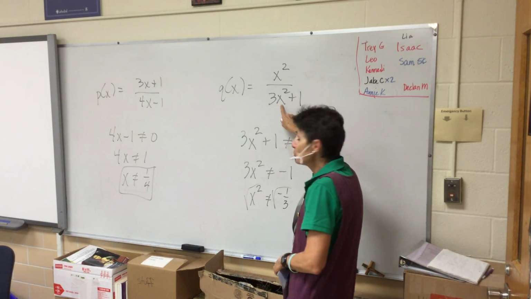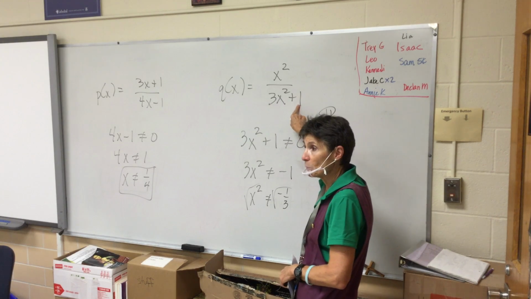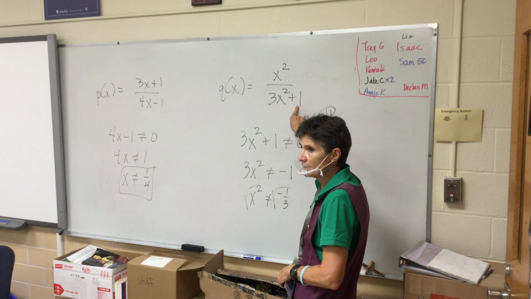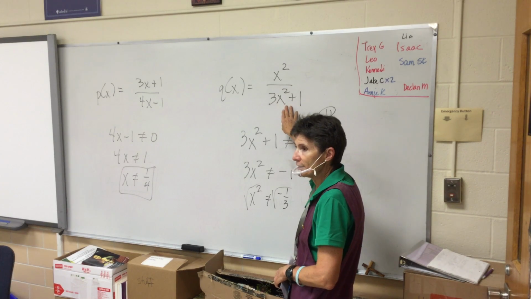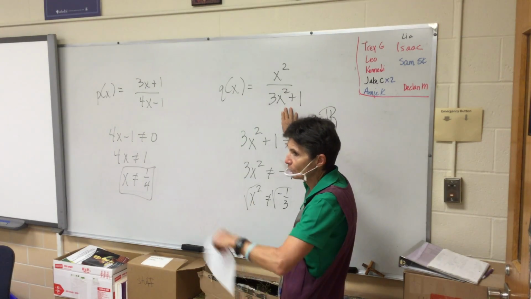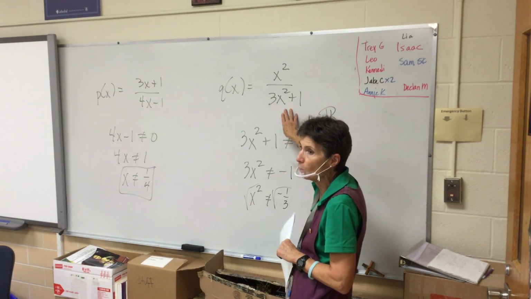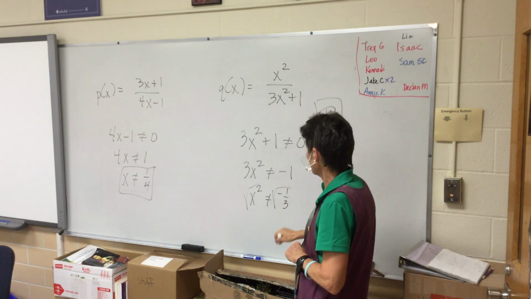Think about it. Can you square something, multiply it by 3, add 1, and get 0? Can that happen? No. So this domain, you can put anything you want in here. You can put 5 in, negative 18, square root of 19 over 3. It doesn't matter. You can put anything you want in here, and it's going to be okay. So the domain is all real numbers.